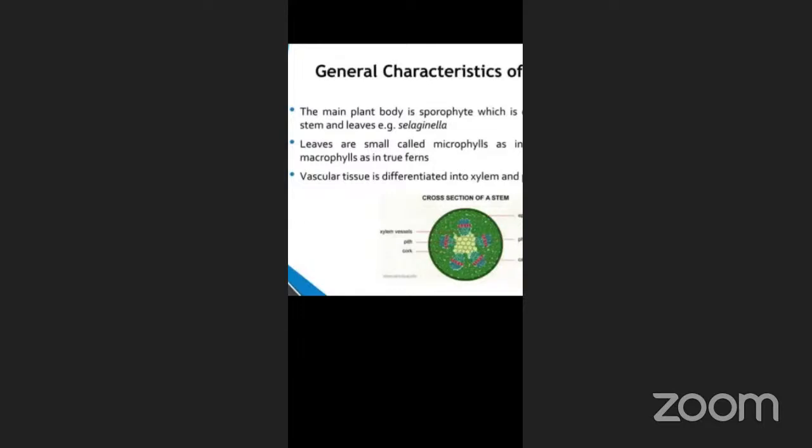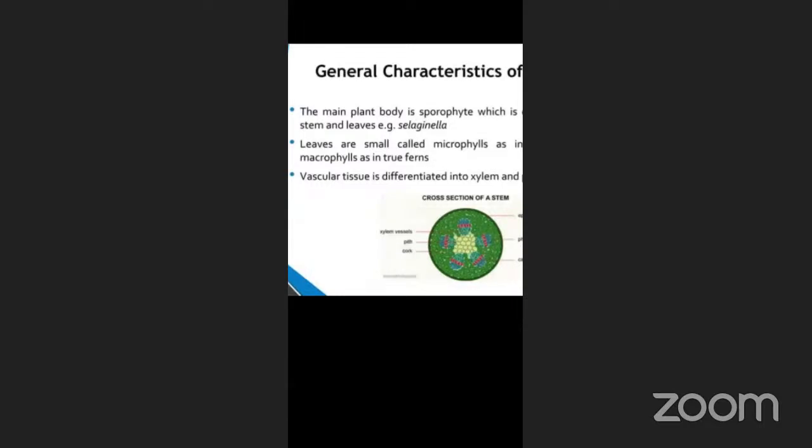Both have a terrestrial habit. We know that bryophytes also have some terrestrial plants.